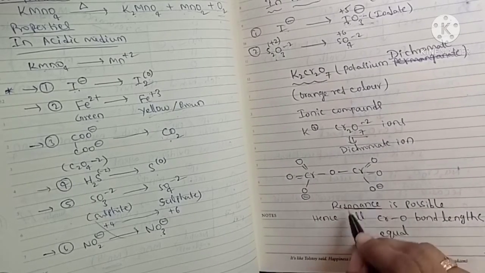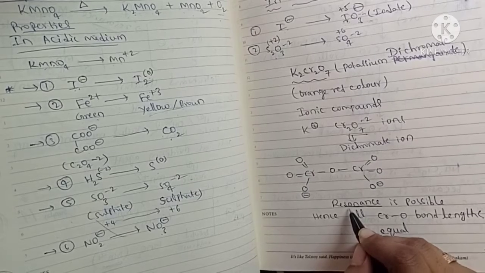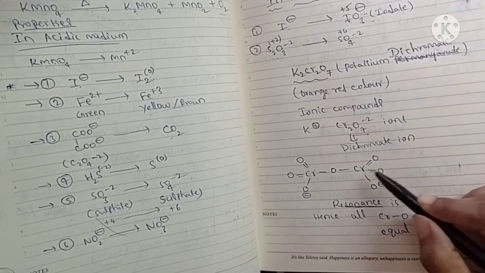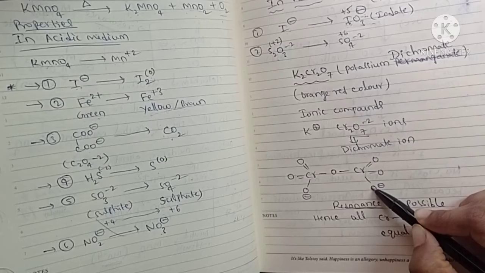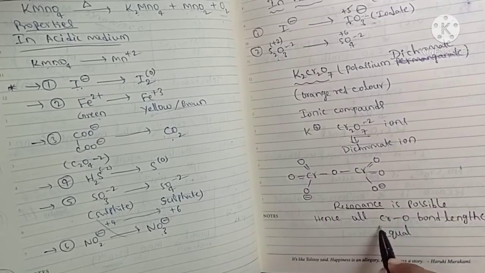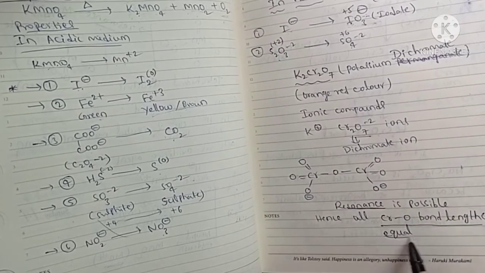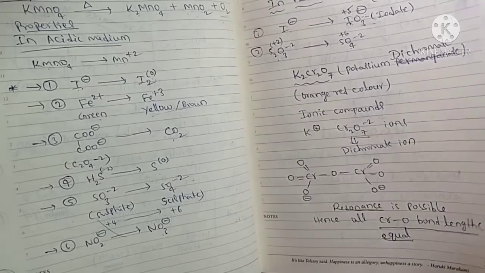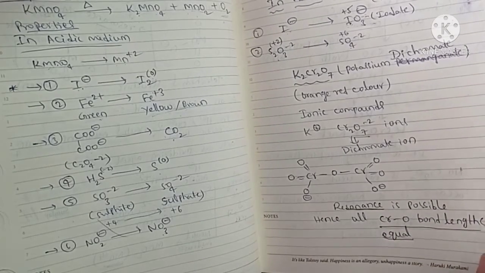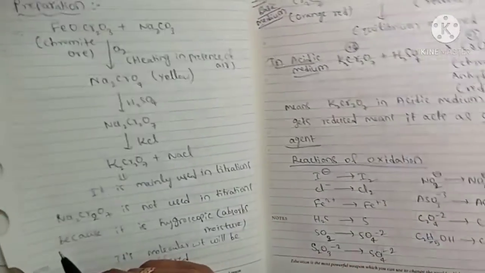Due to the presence of resonance, all chromium-oxygen bonds have equal bond length, all these Cr-O bonds are equal due to the resonance. So this is the structure of K2Cr2O7.